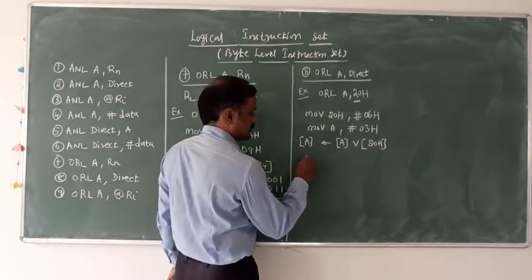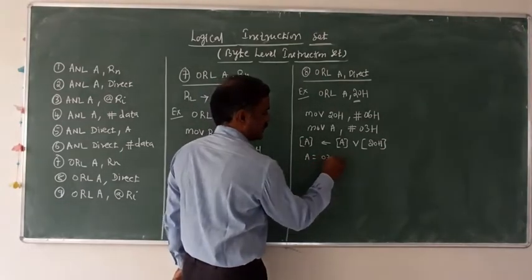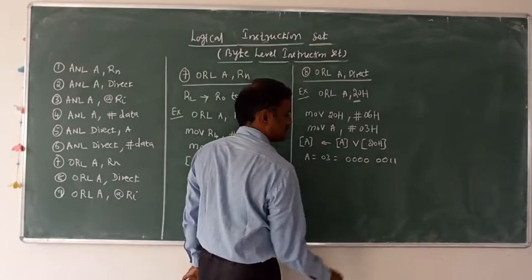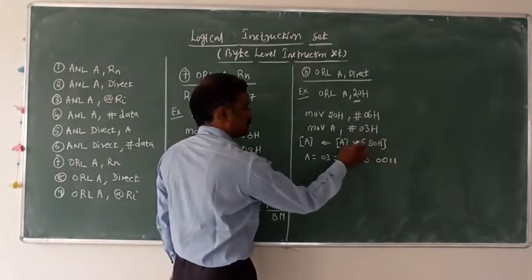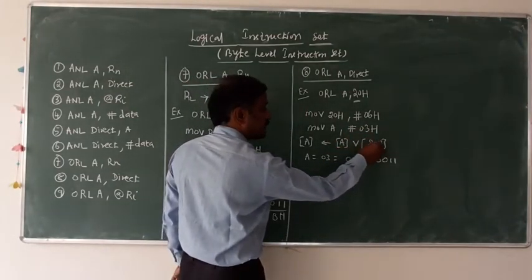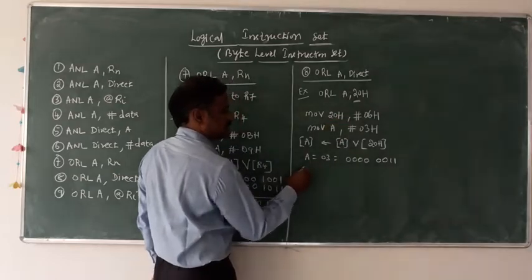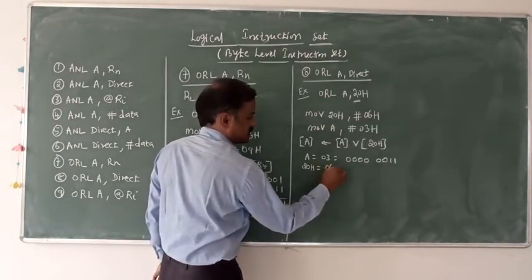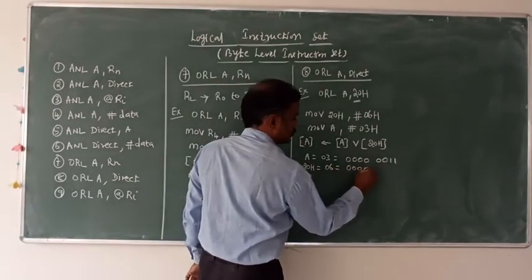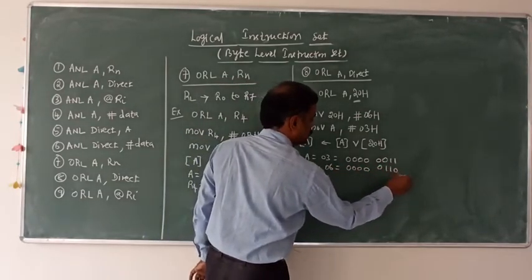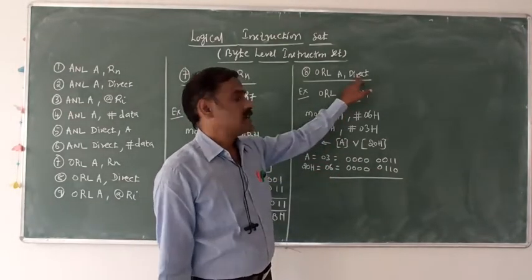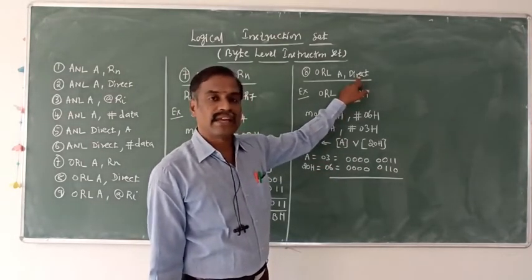Here the accumulator is 03: 0000 0011. Next, the 20H memory address location data is 06: 0000 0110. Data 1 is in the accumulator, and the second data is the 8-bit internal memory address location.